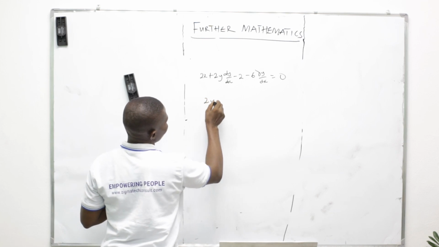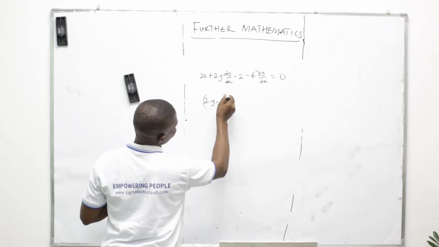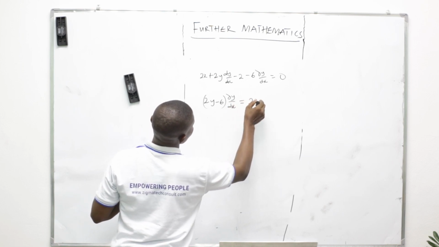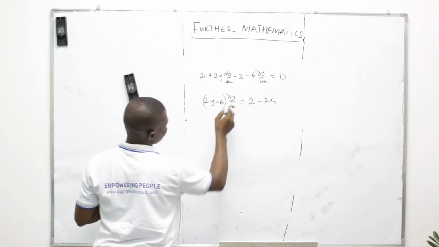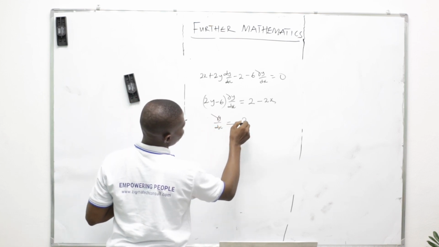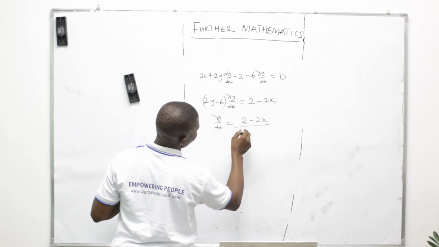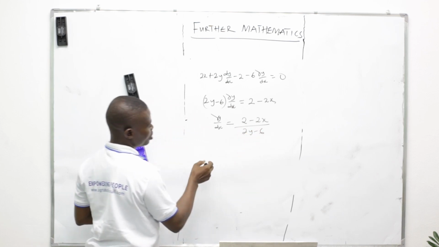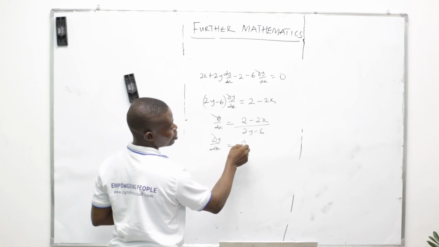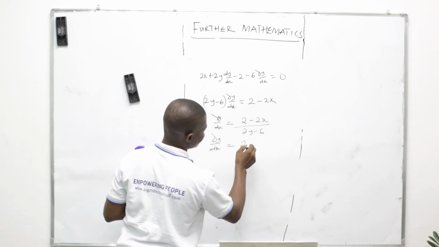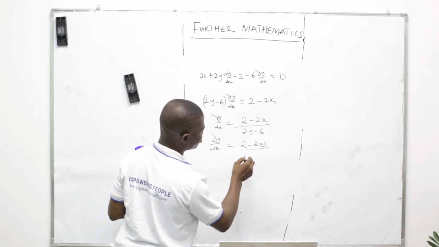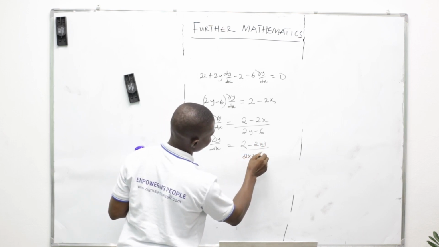Now (2y minus 6) times dy/ds equals 2 minus 2s. Making dy/ds the subject, dy/ds equals (2 minus 2s) all over (2y minus 6). When s is 3 and y is 2: 2 minus 2 times 3 all over 2 times 2 minus 6.